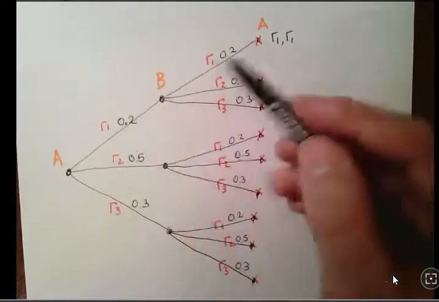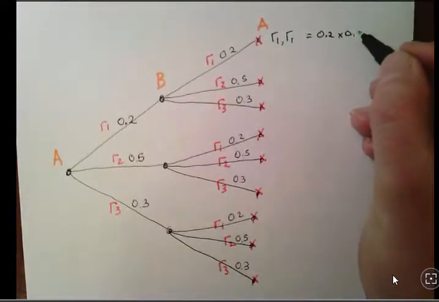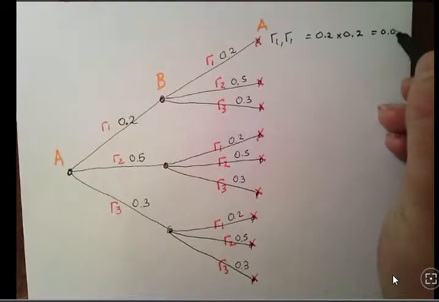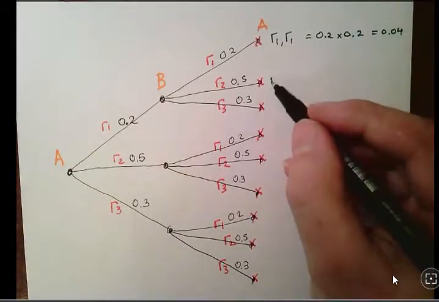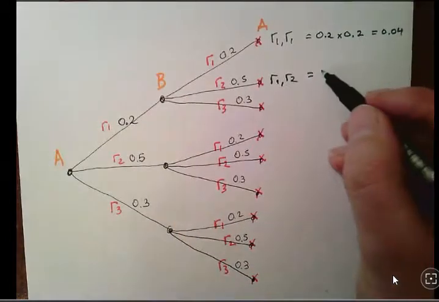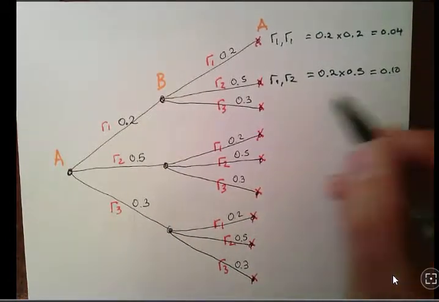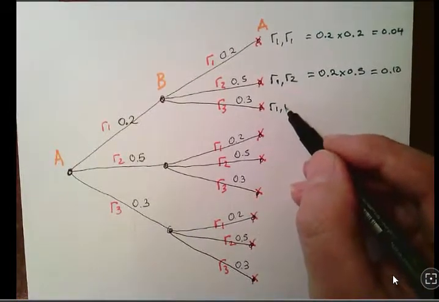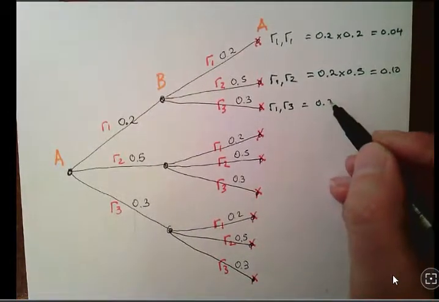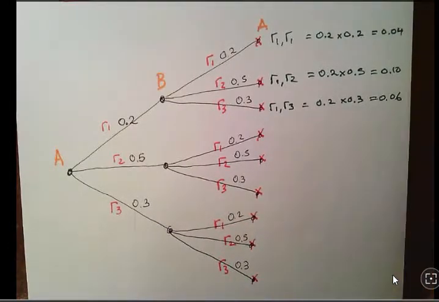So 0.2 times 0.2 is 0.04. Route 1 out, route 2 back, 0.2 by 0.5, that's 0.10. Route 1 out, route 3 back is 0.2 by 0.3, that's 0.06.